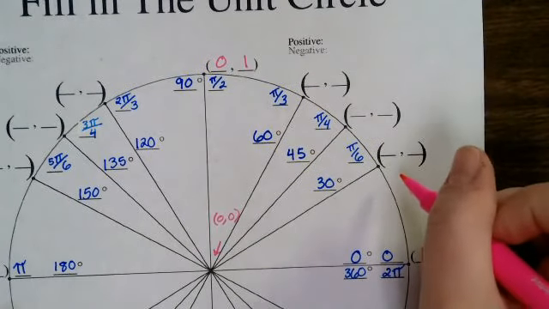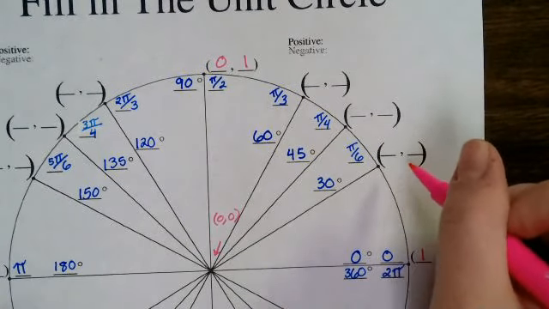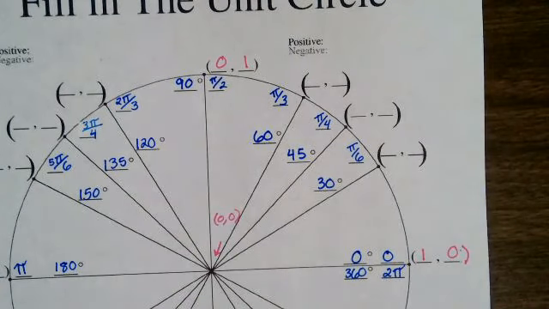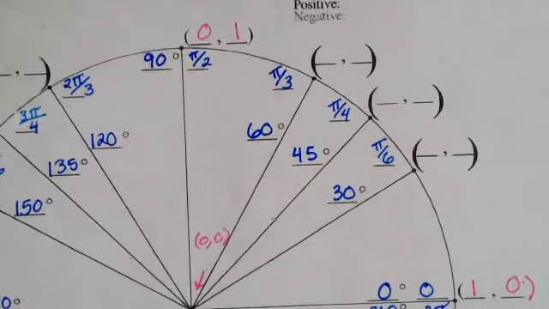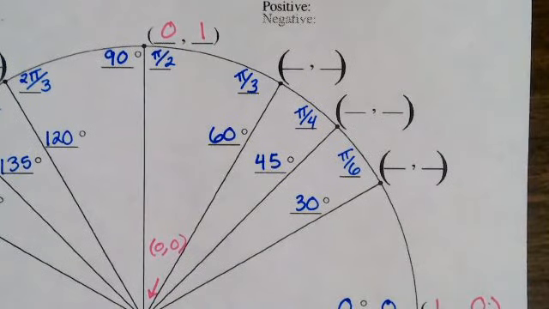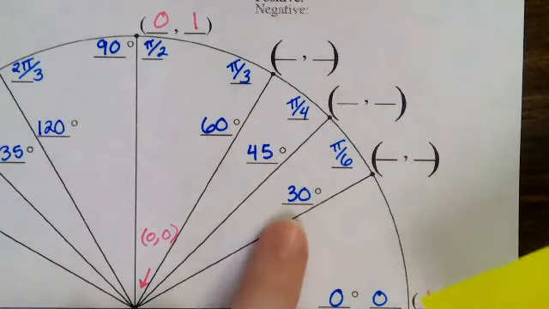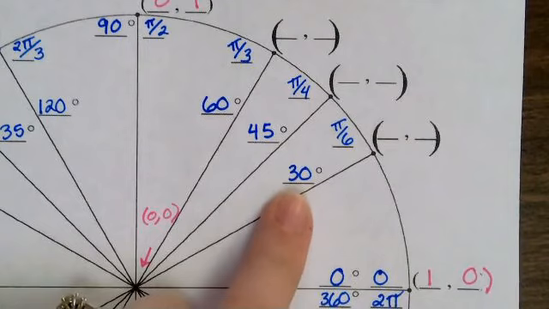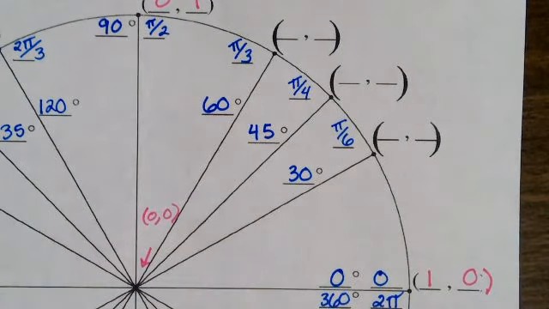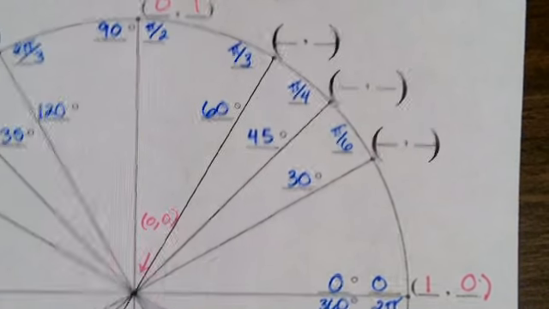Then we can get these guys in here, but they come from special triangles. So let's talk about how we know what they're going to be. All right, I'm going to zoom in here on quadrant 1, and we're going to focus on special right triangles. So looking here at 30 degrees, remember that in our unit circle, because the radius is 1, we're able to get our sine and cosine values giving us our y and our x values.